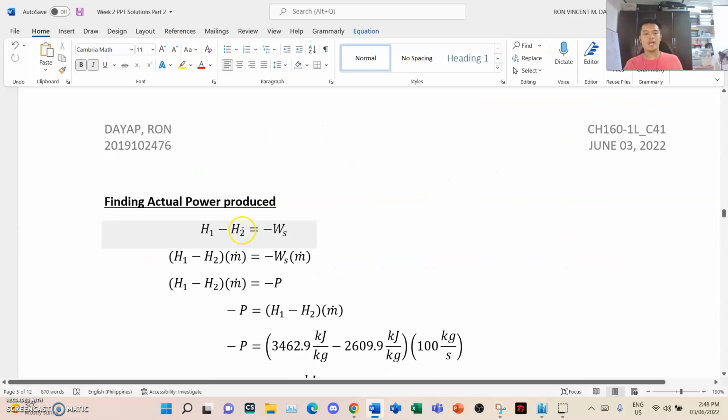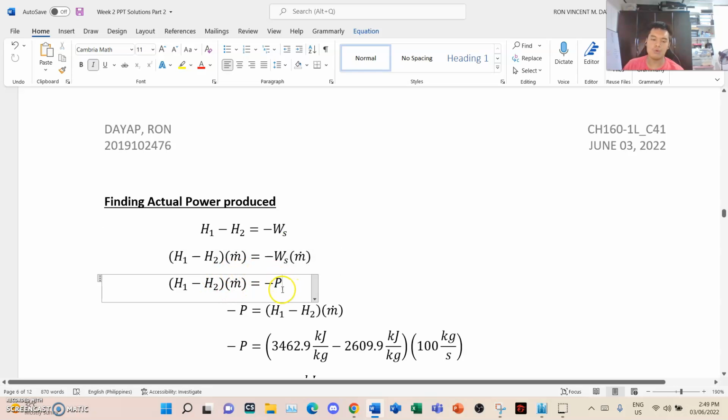Then, how do we find the actual power produced? Remember, in our steady state energy balance equation, the actual power is simply the inlet enthalpy minus the outlet enthalpy for shaft work. But for power, we multiply everything by the mass flow rate in order to change this term into a power term.